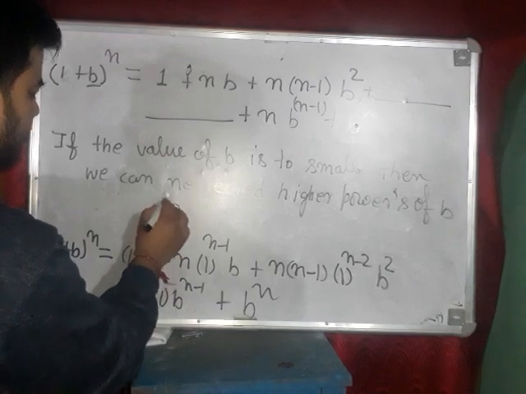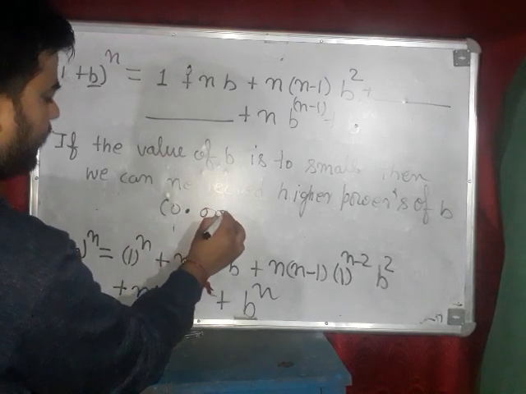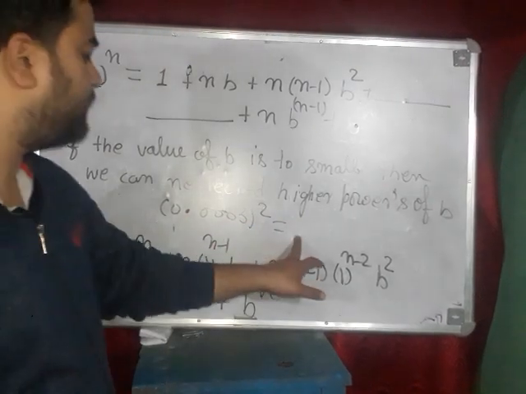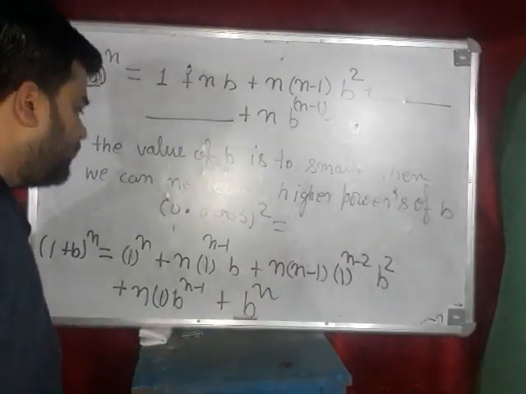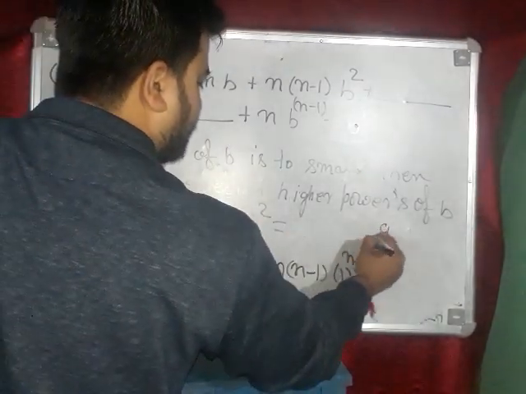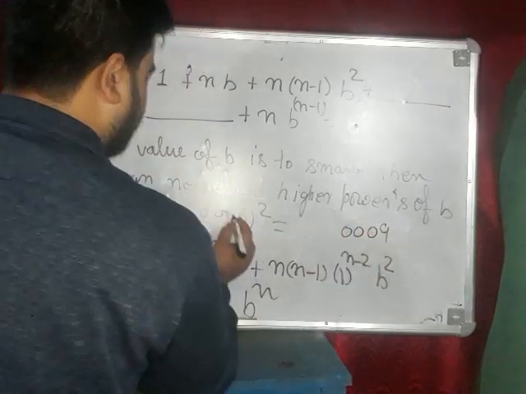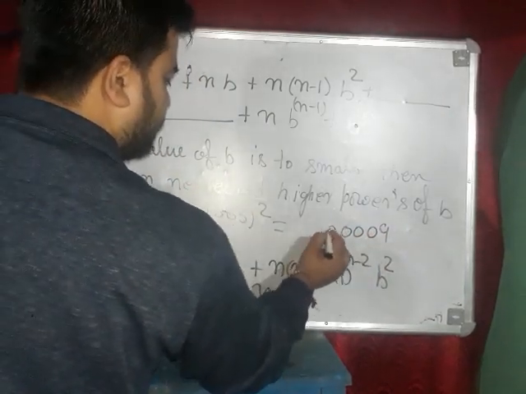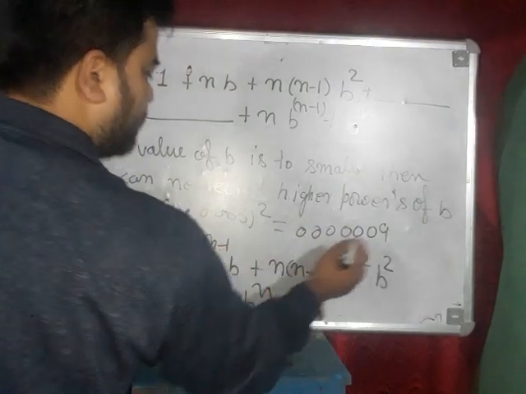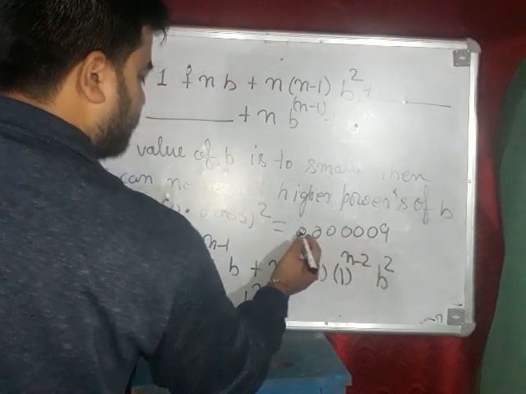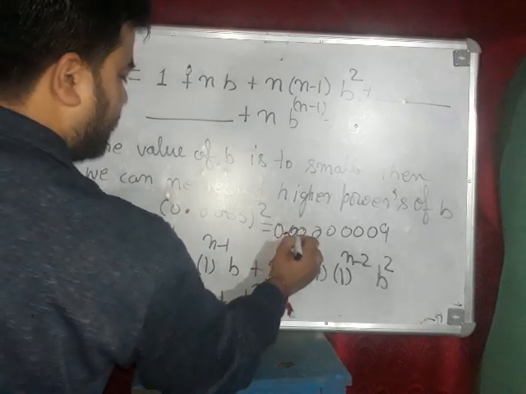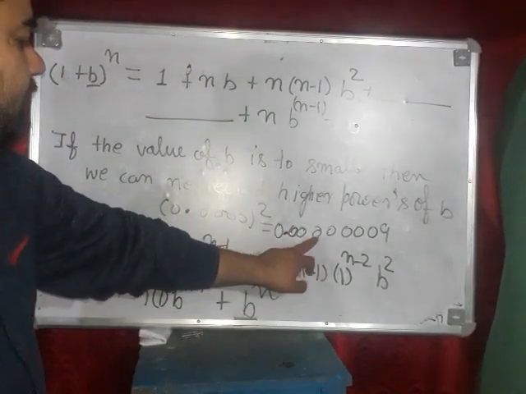The square or cube of 0.003, when you operate it, the value becomes too small.